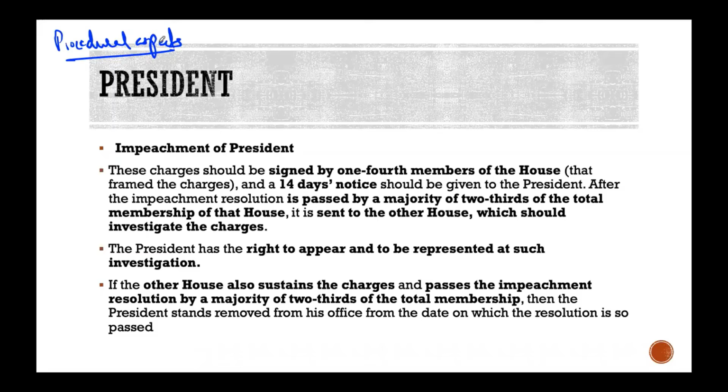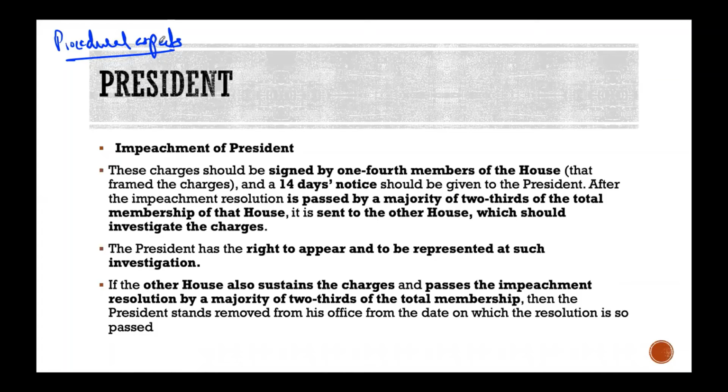We said it can be introduced in your Lok Sabha or in your Rajya Sabha. These charges should be approved by 1/4 of the members of the House. So how does that work? Let us say this comes about in your Lok Sabha.